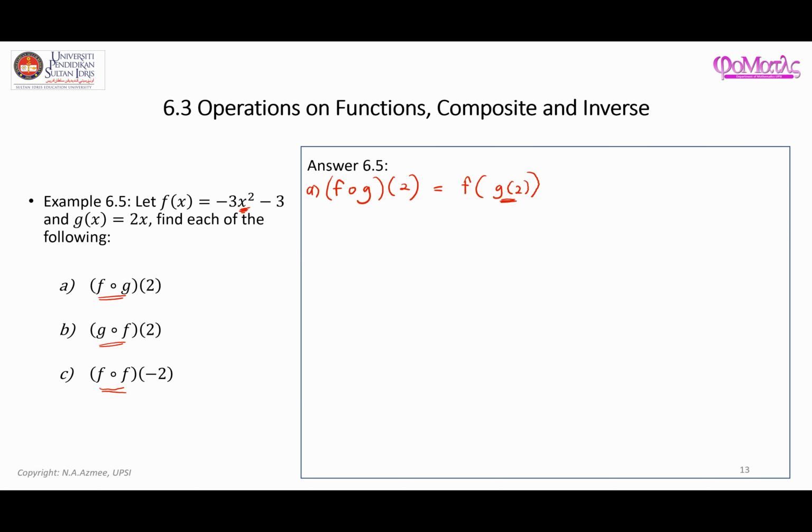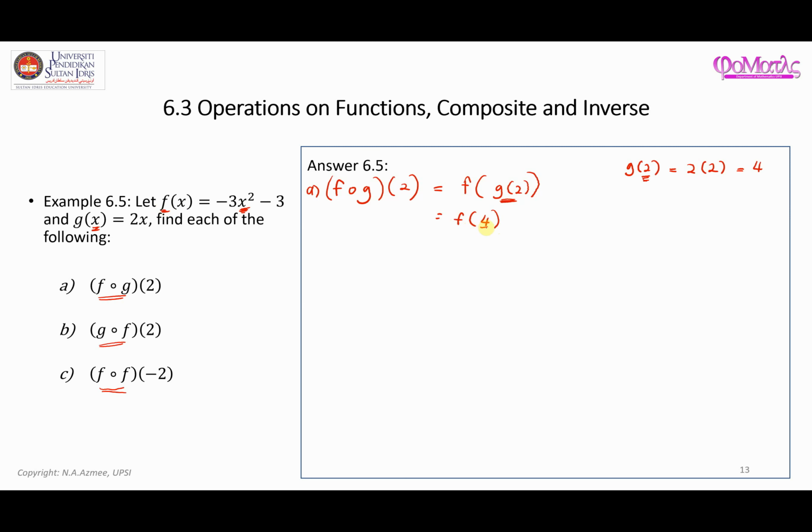So what is g(2)? g(2) is 2 times 2, which is 4. I substitute 2 into x in function g, so that's what I get. The answer is 4. Now I'm going to substitute 4 into x in function f.